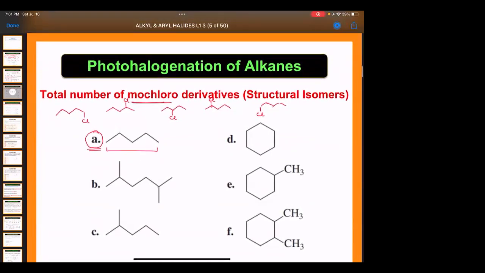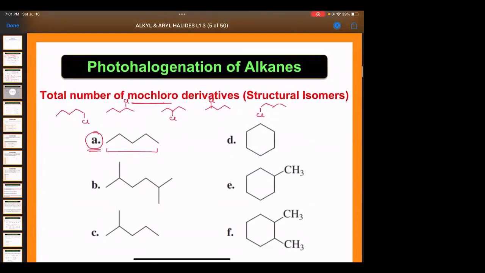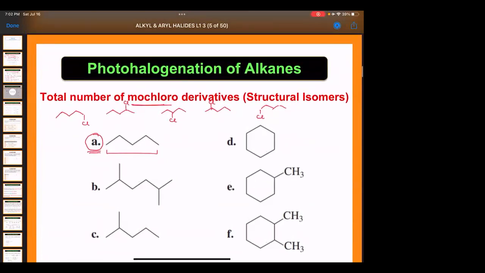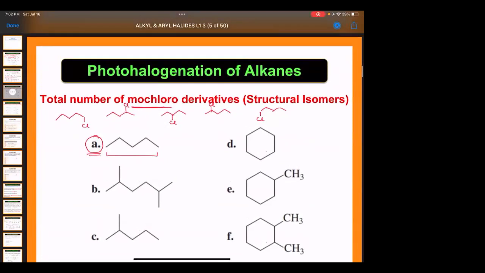Yeah, exactly. So you need to check. 5 carbons means there are 5 carbons where chlorine can attach itself, or if someone gives you a monobromo derivative, on the 5 carbons it can get attached. But are all 5 different? That you need to think.